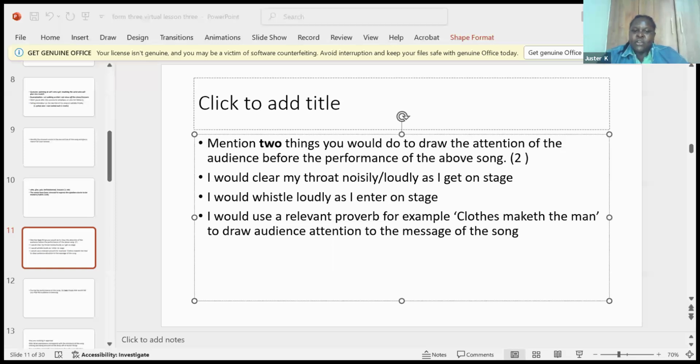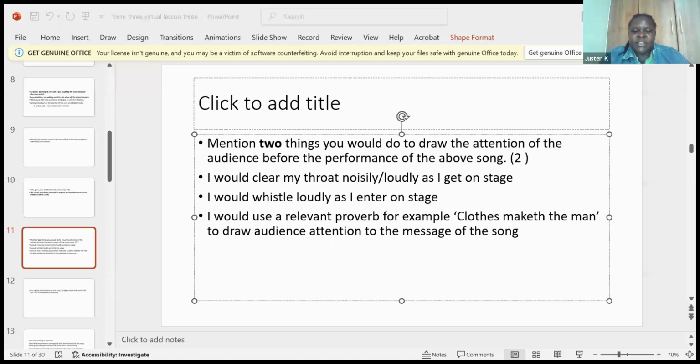There's a danger again of you saying I would use a relevant song if you don't give that particular song. You may not write the entire song, but you can give the title of the song and the message in that song that is relevant to this. You must contextualize. Like I've done here, I would use a relevant proverb, for example, clothes maketh the man, to draw the audience attention to the message of the song.